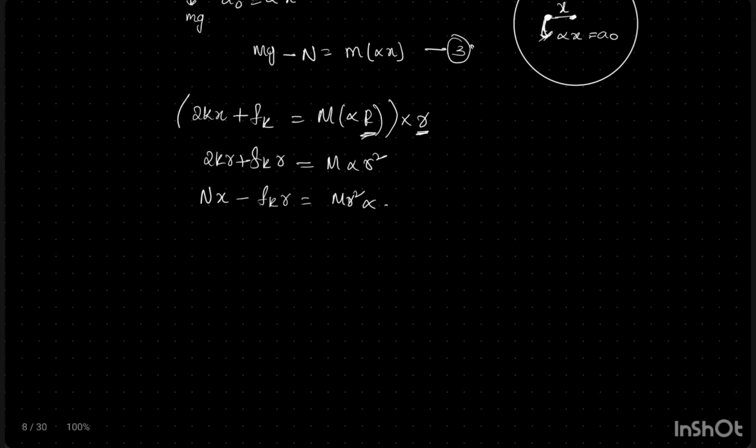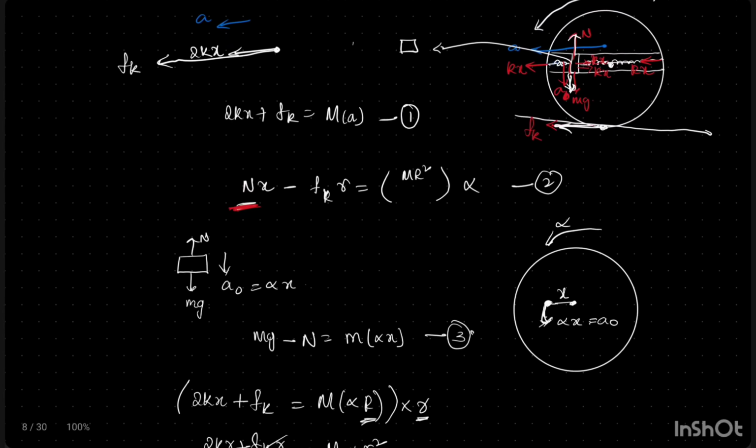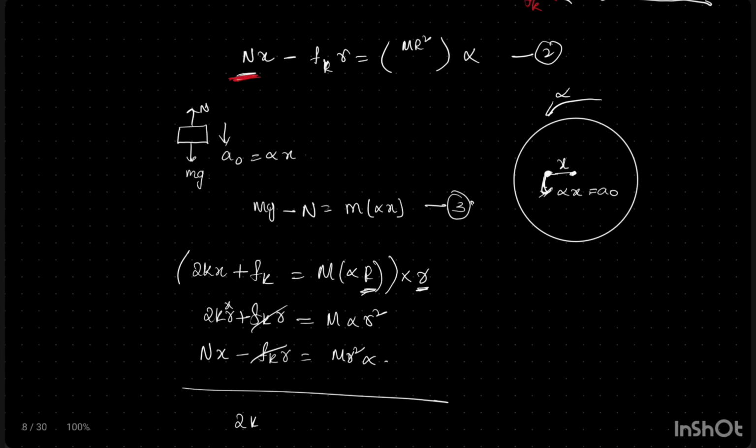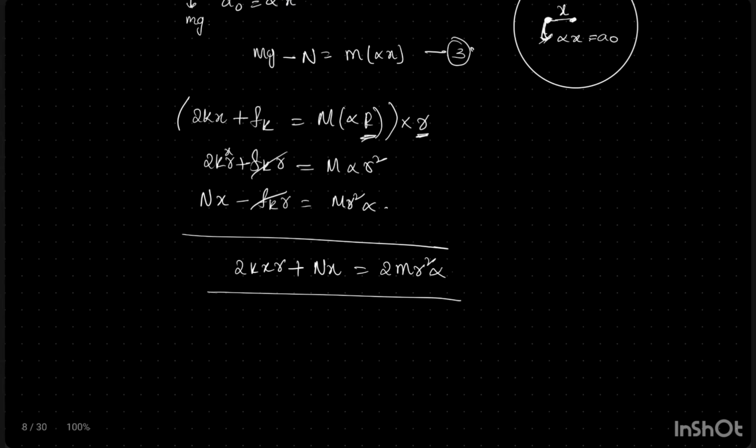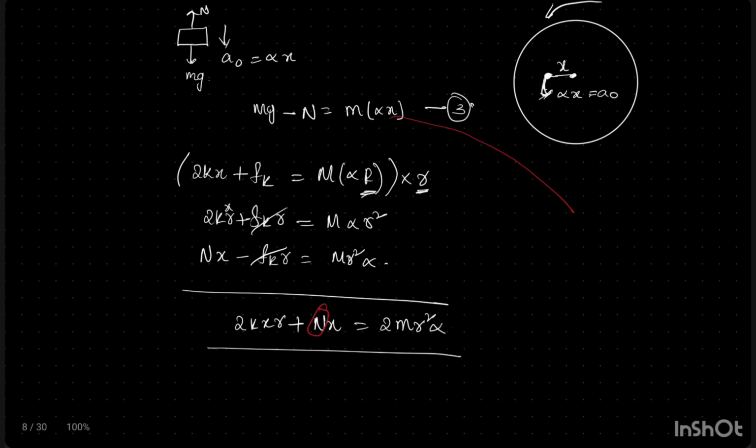If we add both of them, fk will be cancelled, so 2kx into r plus N into x equal to 2m r square into alpha. This is what we got, but we have to eliminate this N here. N is an unwanted value, so let's eliminate N from this equation.